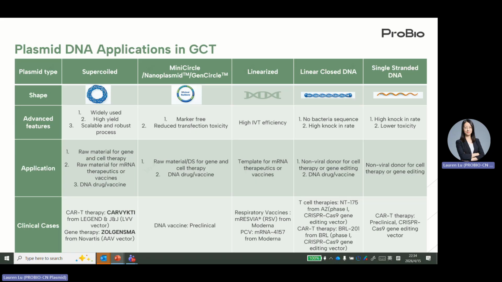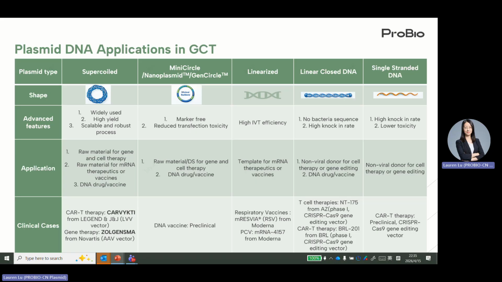It serves as raw material for gene and cell therapy or mRNA therapeutics. Regarding clinical cases, we know that Carvykti from Legend and J&J is one of the most successful CAR-T therapies, and supercoiled plasmid encodes genes for lentiviral vectors and T-cell engineering.